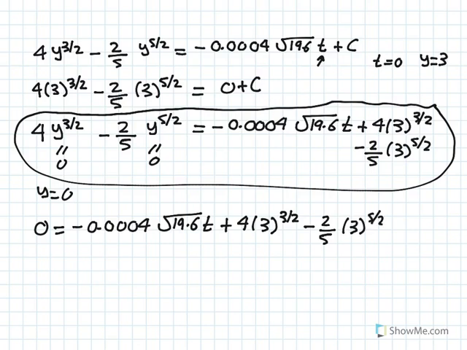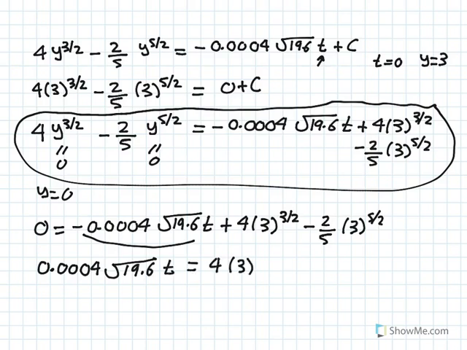We want to solve for t, so let's bring this expression on the left-hand side, isolate the t. So we have 0.0004 root of 19.6 times t is equal to 4 times 3 to the 3/2 minus 2 over 5 times 3 to the 5/2.